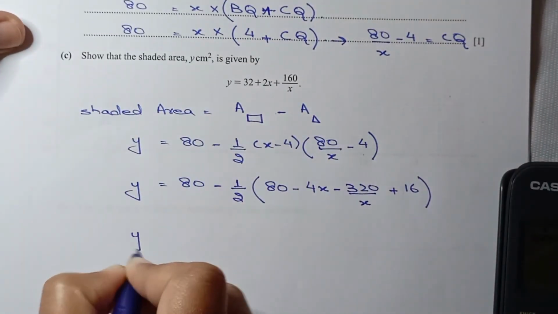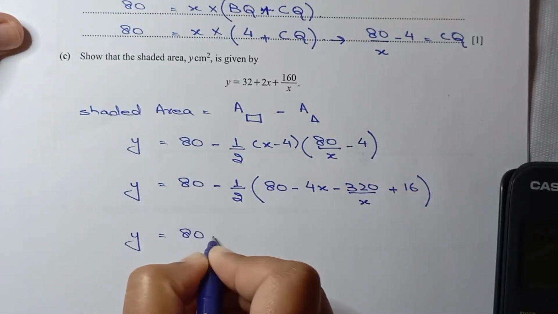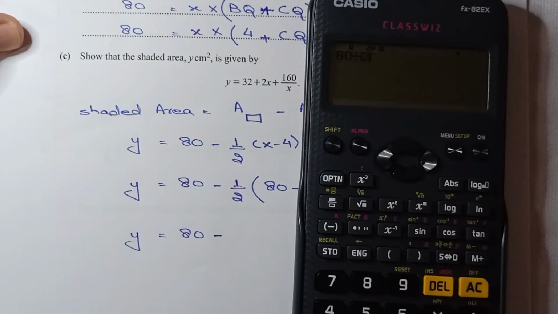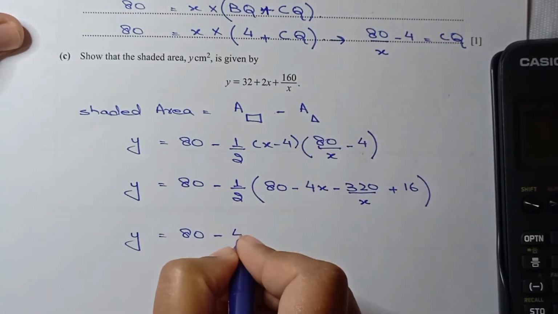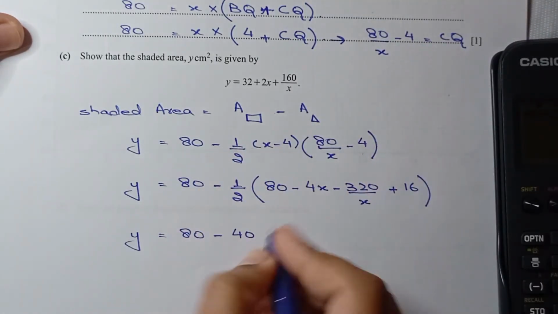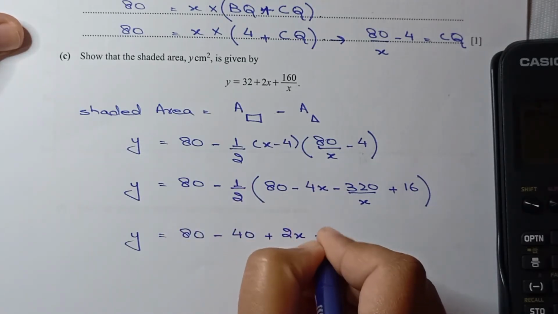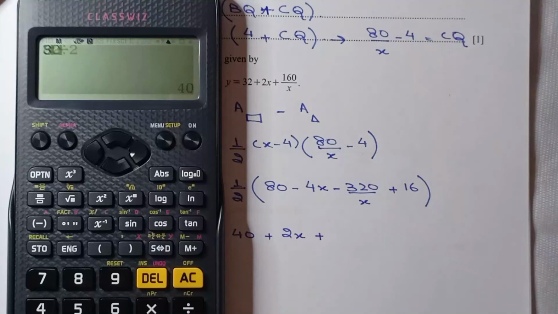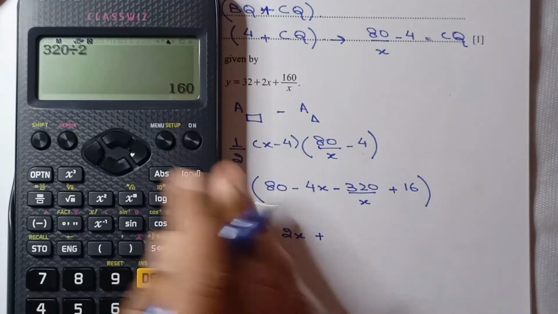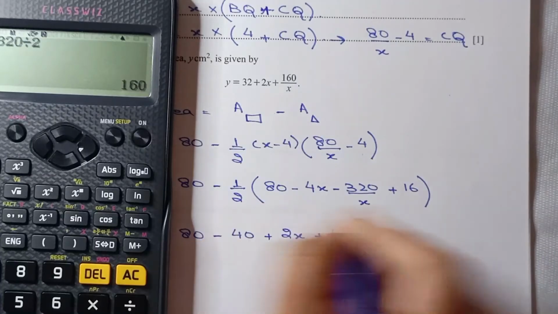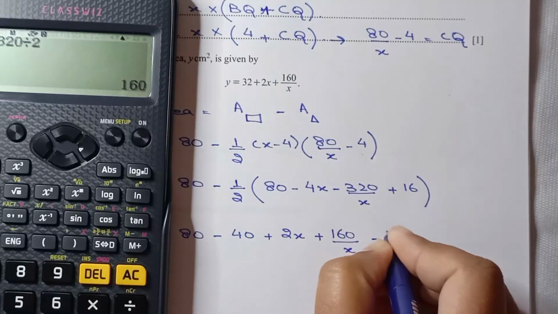So y would be equal to 80. Now subtracting 80 divided by 2 would be 40. Minus of 40, negative times negative would be positive. 2 times 1 is 2, 2 times 2 is 4. We have a positive. Now 320 divided by 2 is 160 over x, and we have negative. 2 times 8 is 16.